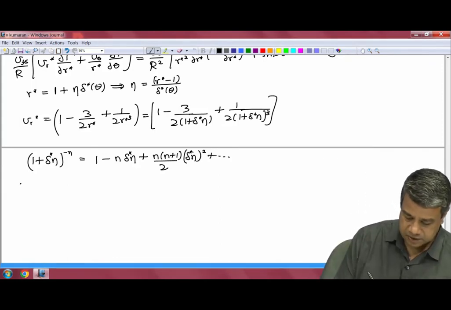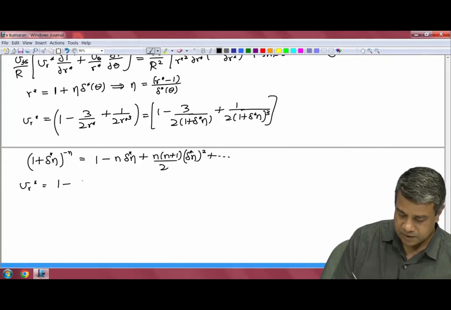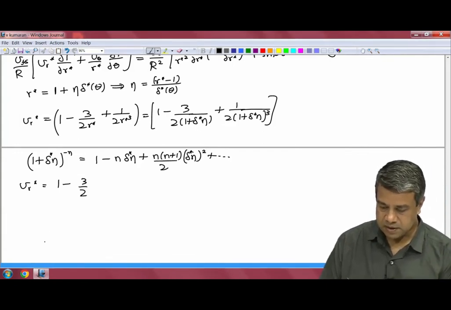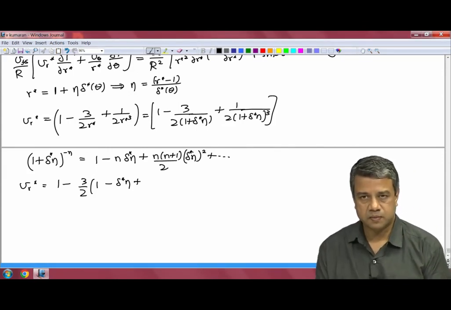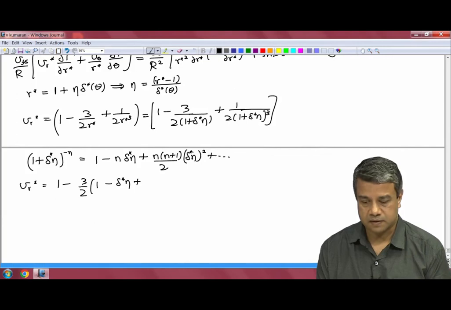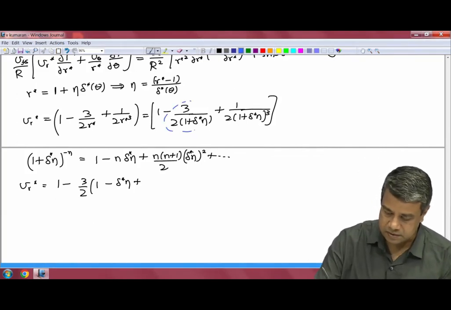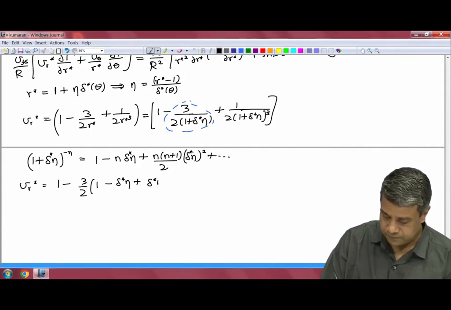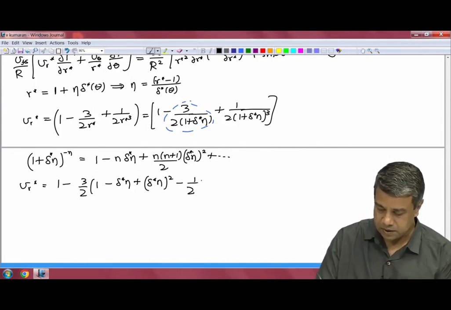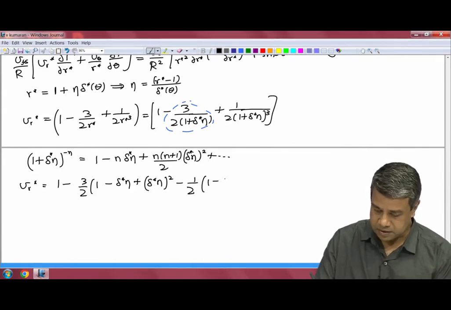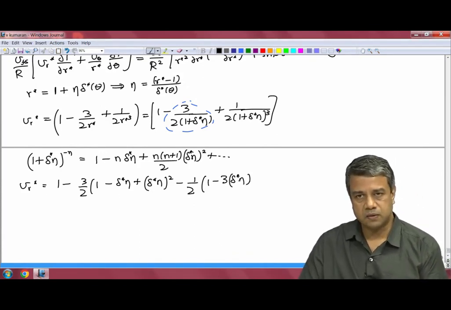Therefore, Vr star, if I calculate 3 by 2 into 1 plus delta eta power minus 1 will be 1 minus delta star eta plus n into n plus 1 by 2. n is equal to 1 for this term here. n into n plus 1 by 2 is just equal to 1, minus 1 by 2. 1 minus n is 3 in this case, 3 delta star eta, and n into n plus 1 by 2, n is 3.